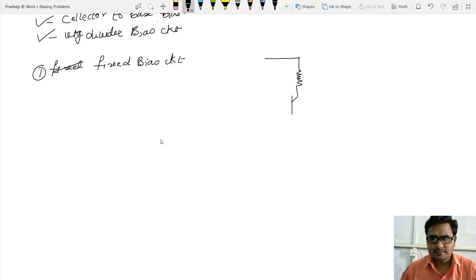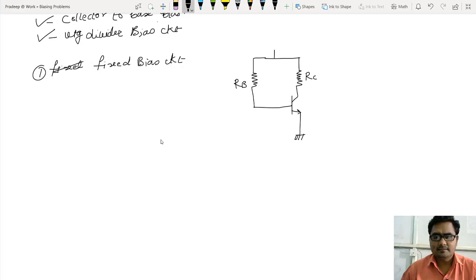In a fixed bias circuit, the collector resistor is there, the emitter is purely grounded, one resistor is connected from VCC to the base, we call it RB, this resistor we call RC, and this is plus VCC.